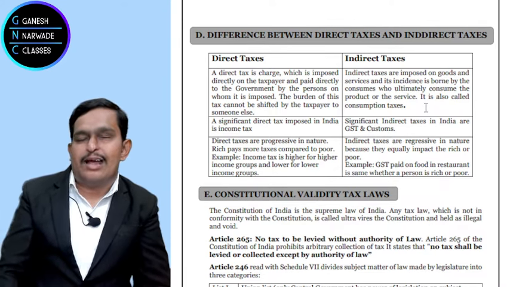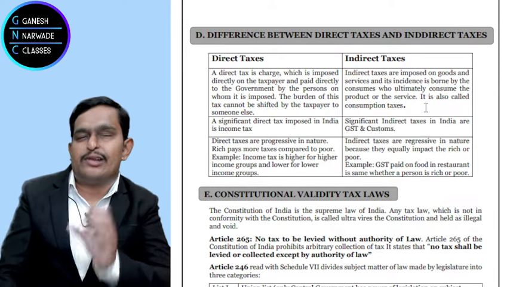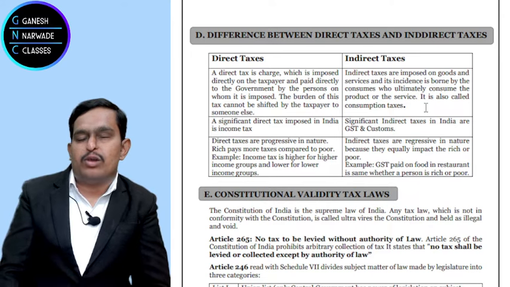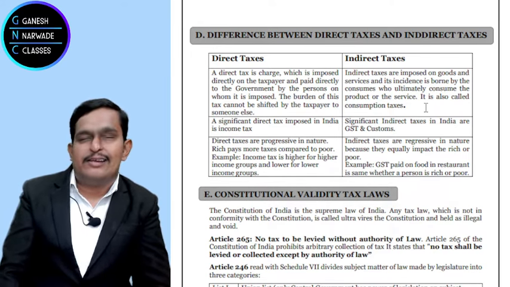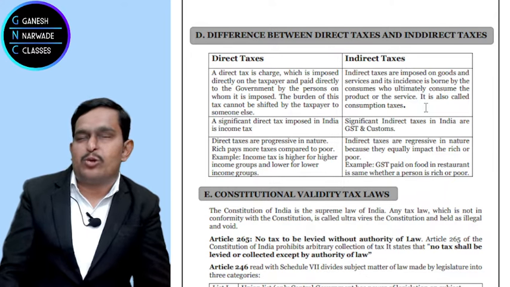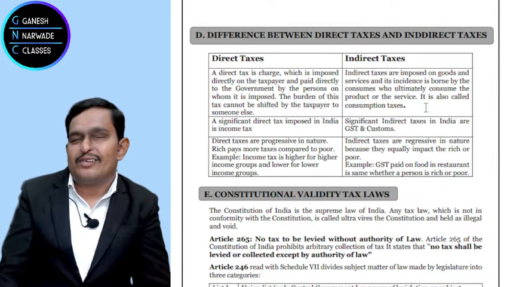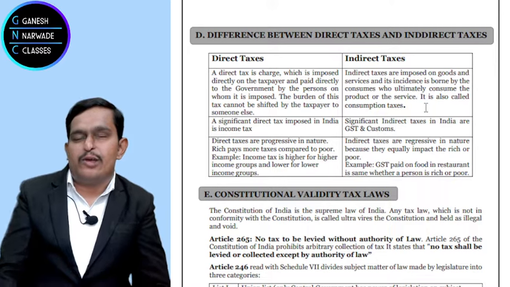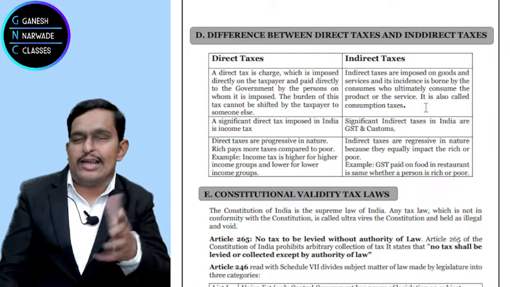Now, there is another thing which you should understand. Direct tax is progressive in nature. Suppose for example, somebody earns income up to 5 lakhs rupees, right? In the new regime, up to 7 lakhs rupees also, no tax at all. So if your income is less, no direct tax.